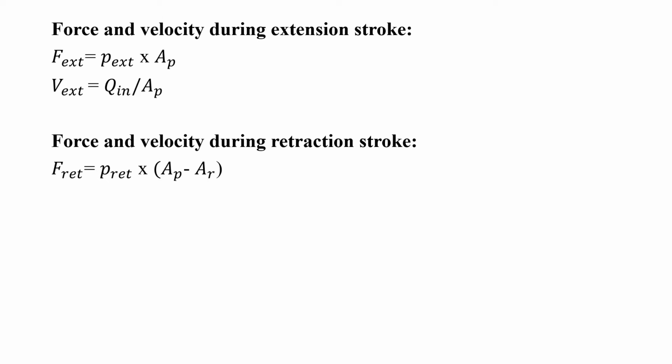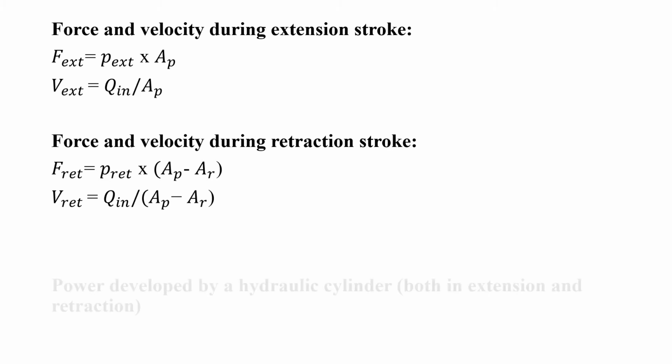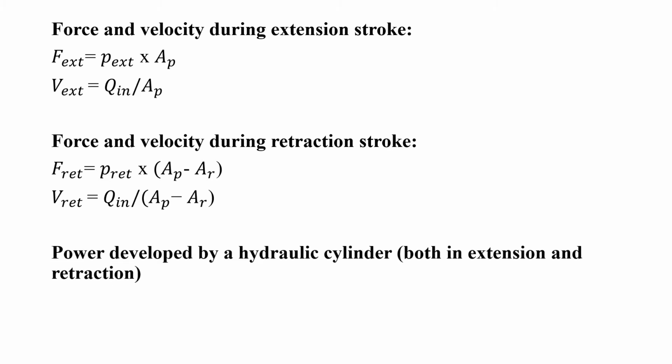F retraction equals P retraction into AP minus AR. And velocity during retraction equals discharge Q in divided by annulus area AP minus AR. These two equations come under retraction stroke.